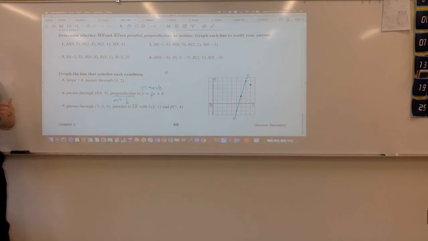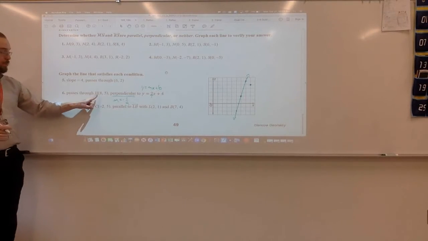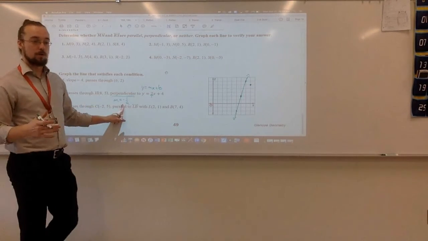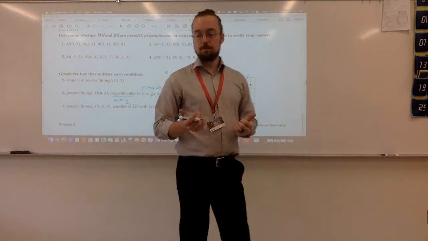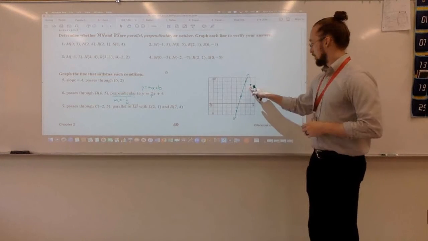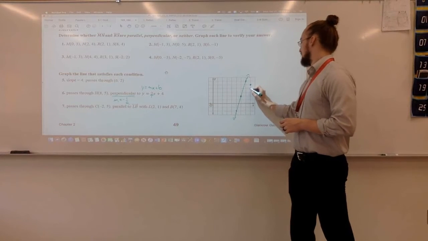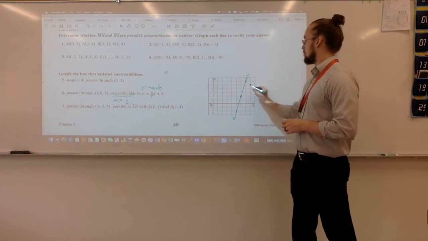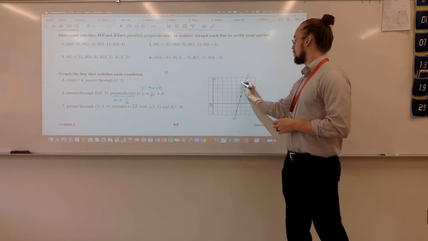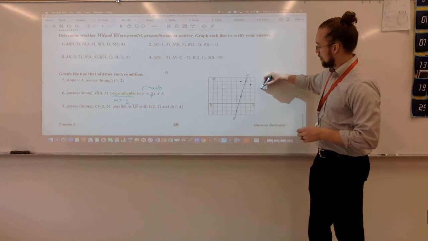So what this is saying is graph the line that goes through this point with a slope of negative 1 over 2. So here's my point. I'm going to go down 1, right 2, or I could go up 1, left 2.